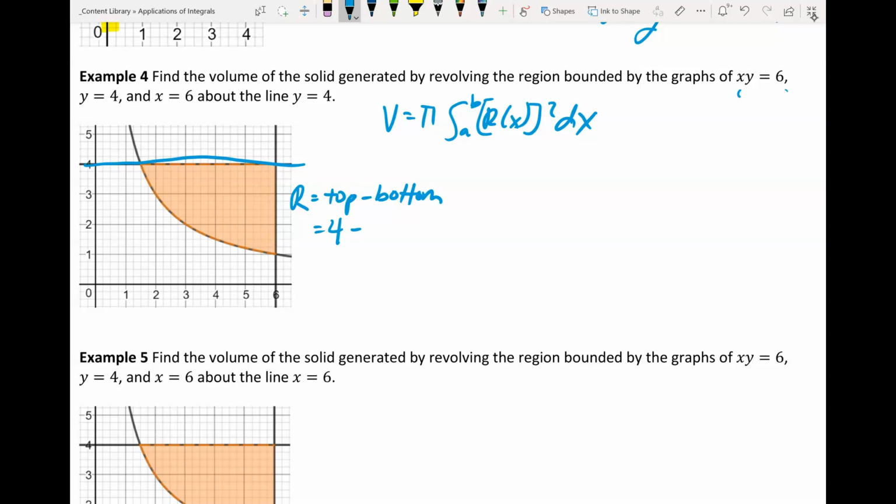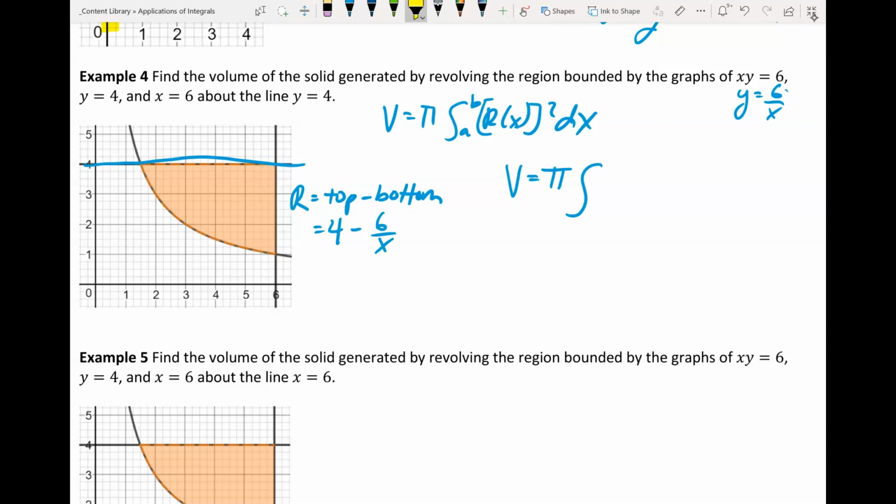Now I want to rearrange this and solve for y because I want everything in terms of x, so I can integrate in terms of x. So equivalently, this is going to be 6 over x. So then bottom is going to be 6 over x is our equation. That's our R. Now we're going to plug it into the formula. Our bounds are from left to right.